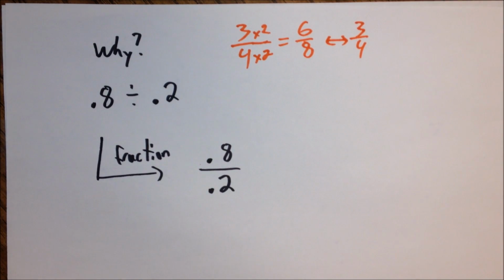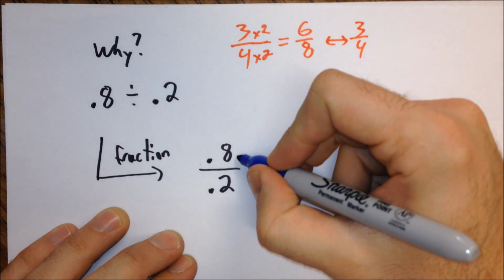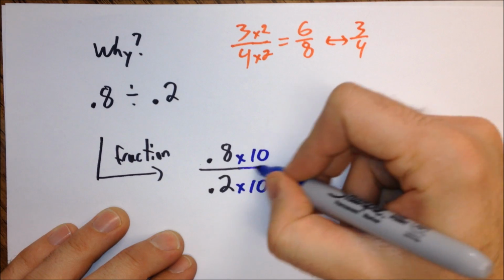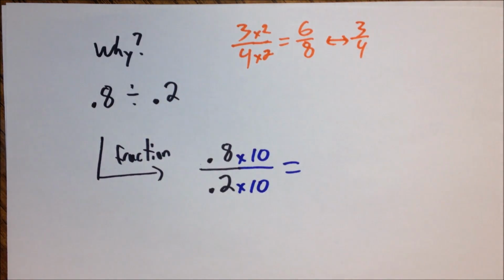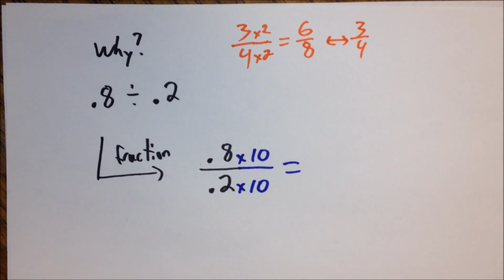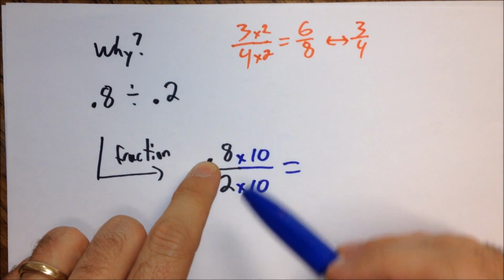Well, this works wonderful for decimals, because now if I want to move this decimal to the right, I can multiply this by 10 and multiply this by 10. And so now, if I multiply both the top and the bottom by 10, I haven't changed the fraction. We've actually got the same number. And notice, what is 0.8 times 10?